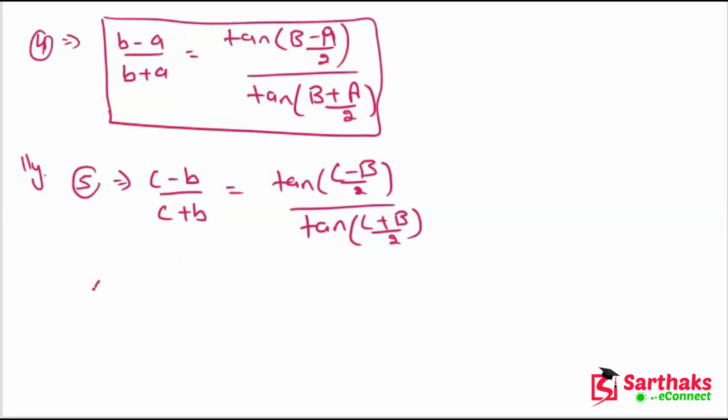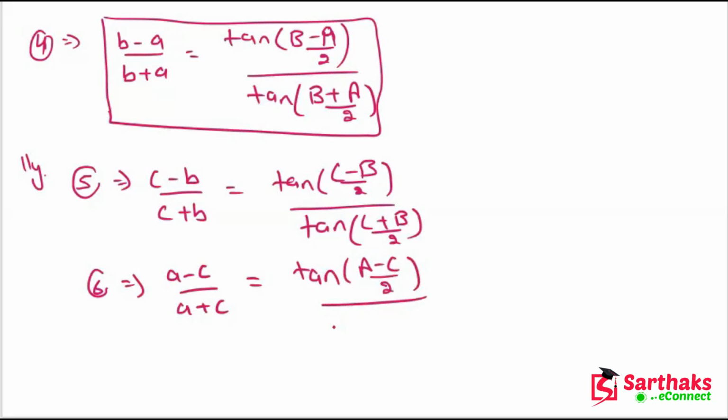And the sixth formula is (a minus c) upon (a plus c), which is equal to tan((a minus c) divided by 2) upon tan((a plus c) divided by 2). My dear friends, these formulas are very important, so you have to learn them.